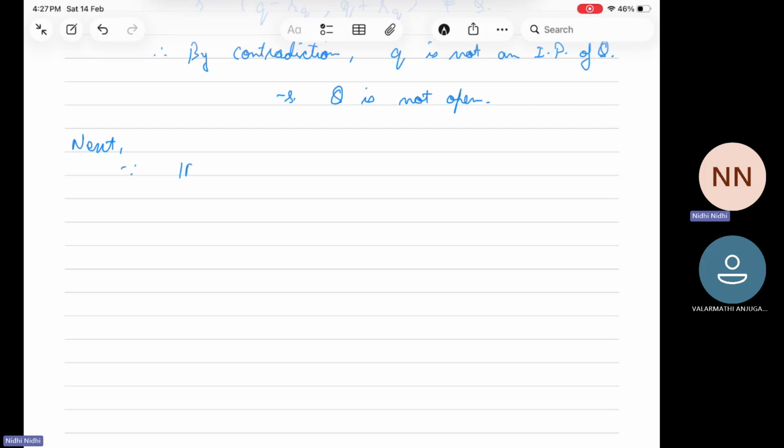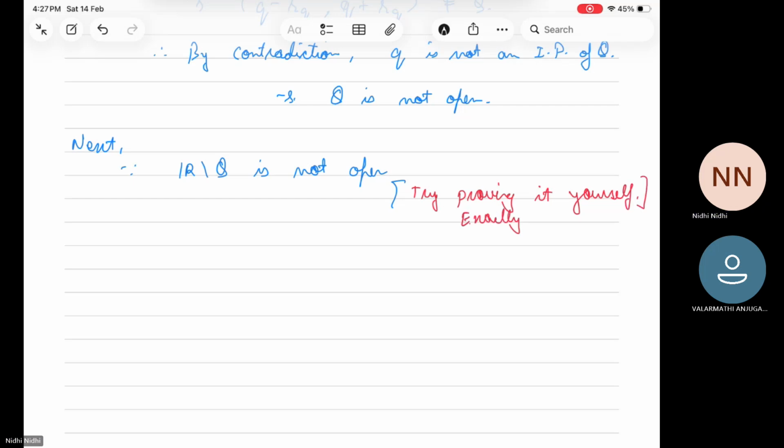Since the set R minus Q is not open, try proving it yourself exactly how we did above, because again you will be using the density theorem.